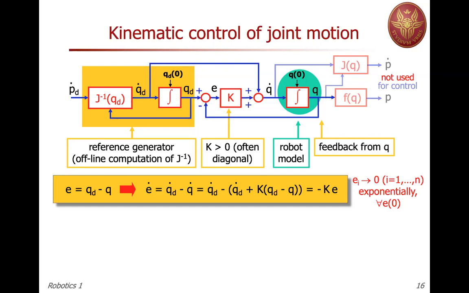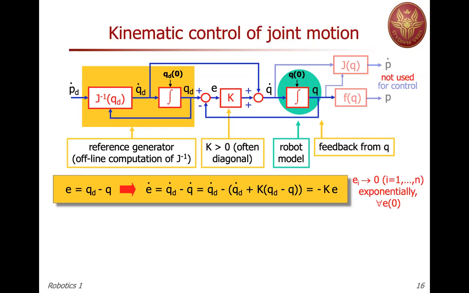And I hope you can solve this equation in closed form. You will see that this is an exponential behavior. If K is positive, the minus K is negative, so this exponential is converging to 0, which means that you will converge to 0 error, if you started with an error different from 0, in an exponential way. And the larger the gain K, the faster.